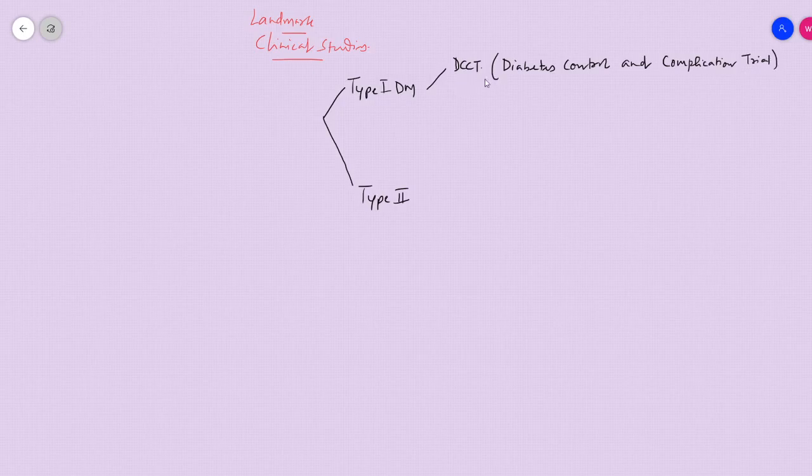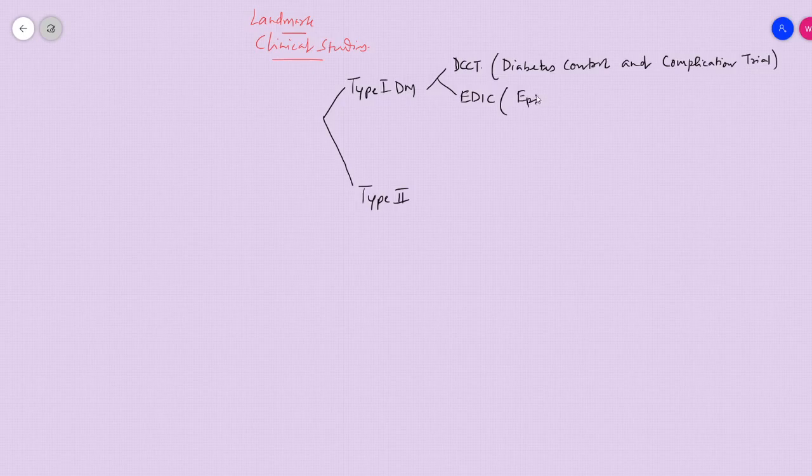There has been a follow-up of the patients who were enrolled in DCCT. After this trial was over, the patients who were recruited have been followed up in an observational study, and the name of that observational study is, I think, EDIC.